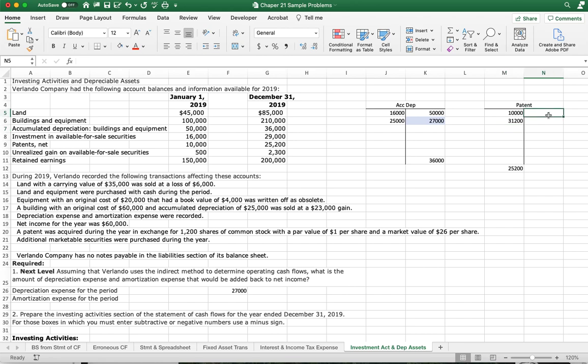And so what was our amortization expense? We can solve for that because obviously we have an ending balance of 25,200. And so let's double check. Oh, okay.